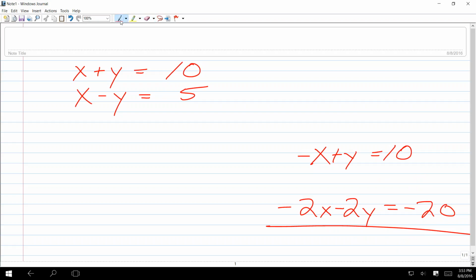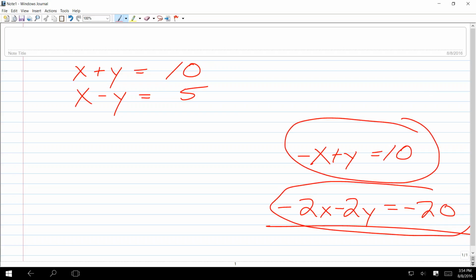That's the same equation. Always remember that once I multiply one side of an equation by a number and the other side by the same number, I don't change it. It's the same equation. It looks slightly different, but all I've done is multiply both sides by -2.